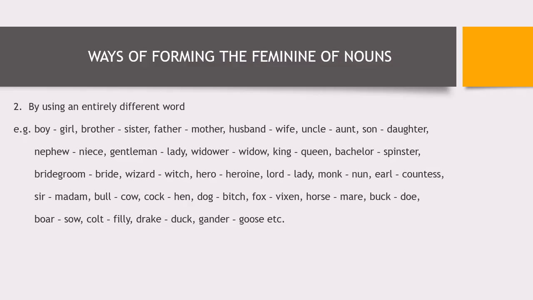For example, boy, girl, brother, sister, father, mother, husband, wife, uncle, aunt, son, daughter, nephew, niece, gentleman, lady, widower, widow, king, queen, bachelor, spinster, bridegroom, bride, wizard, witch, hero, heroine, lord, lady, monk, nun, earl, countess, sir, madam, bull, cow, cock, hen, dog, bitch, fox, vixen, horse, mare, buck, doe, boar, sow, colt, filly, drake, duck, gander, goose, etc.